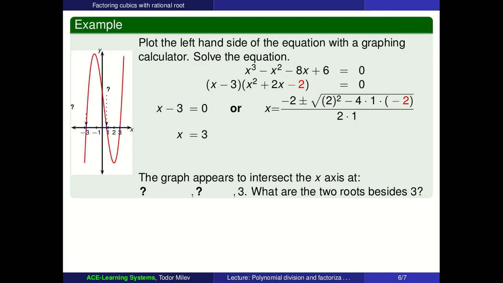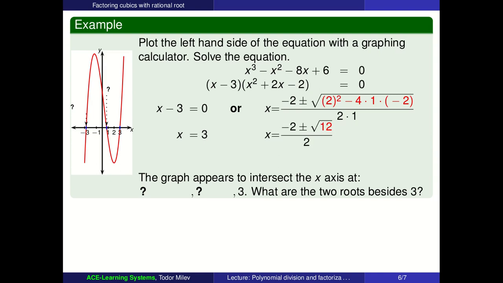Alright, now we're ready to simplify. Let's see, we're having negative 2 plus or minus radical of 4 minus minus is plus, so plus 8 divided by 2, so we get minus 2 plus or minus radical of 12 over 2.